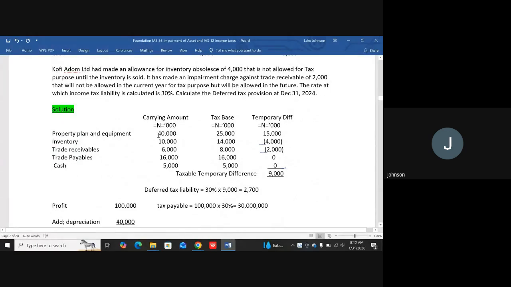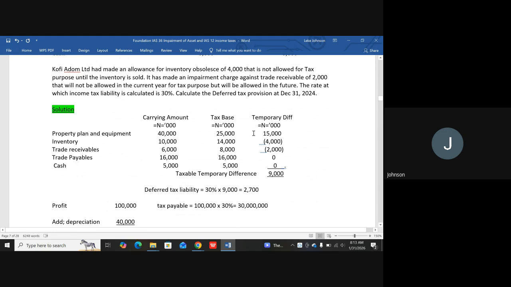We simply say 40 minus 25, we got 15. 10 minus 14, you see negative 4. What you're always doing is saying the carrying amount minus the tax base. So 40 minus 25, you're going to get a positive 15. 10 minus 14, you're going to get a negative 4.